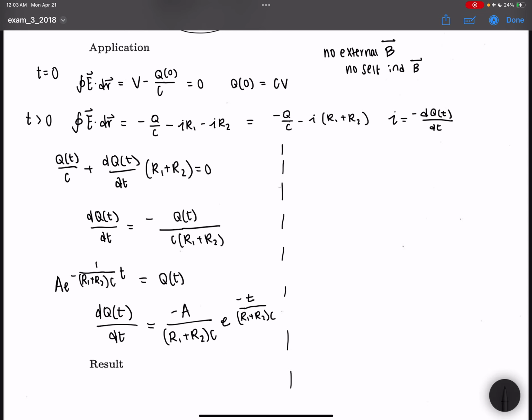So Q(t) over C equals... So this point is just calc.